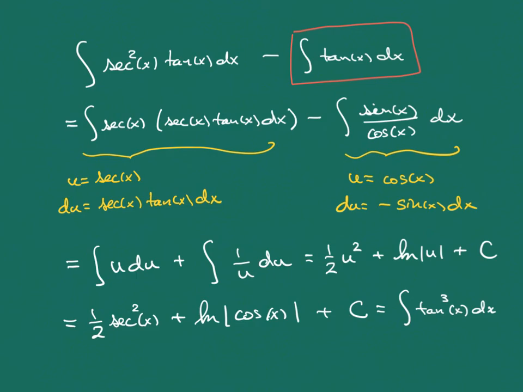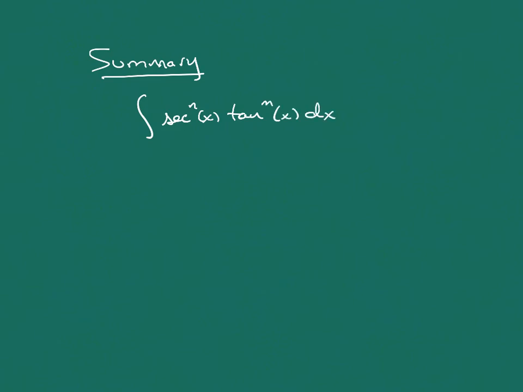So let's wrap that up and summarize what we're about. The summary of this is that if we were dealing with secant to some power times tangent to some other power, if n is even, then we take out a power of secants.